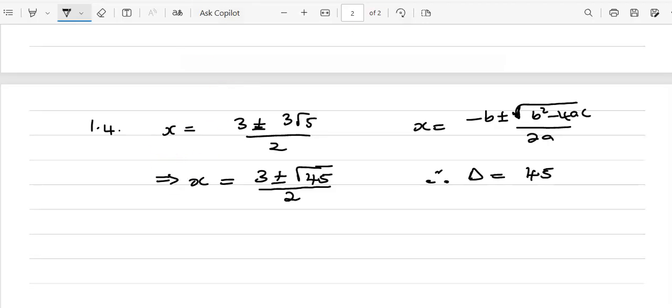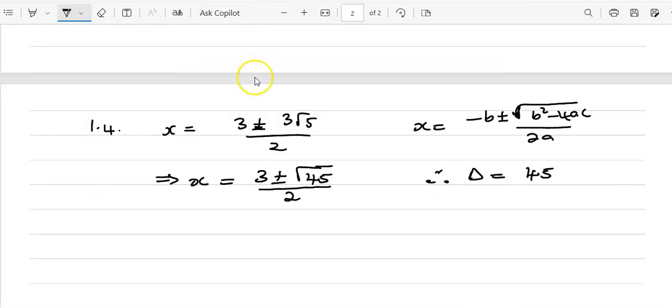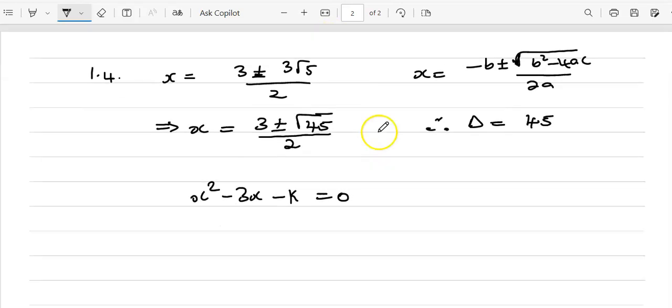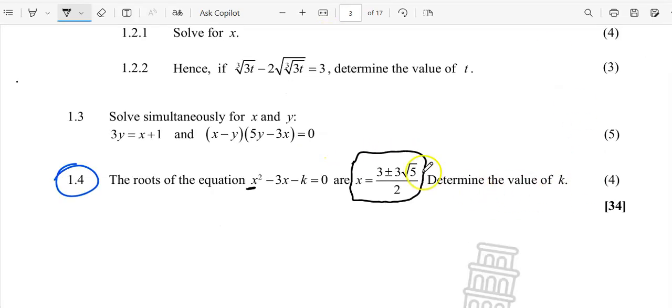So let's go back to the given equation. They said that the roots of this equation, let's write down the equation: x squared minus 3x minus k is equal to 0. Now, remember the question, they want you to determine the value of k from that equation.